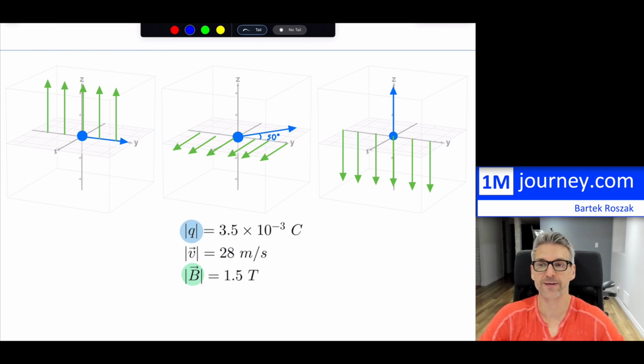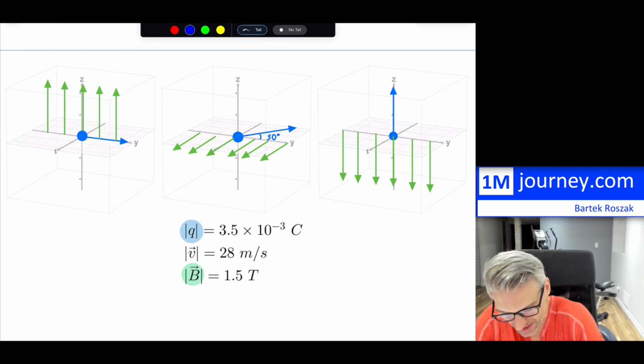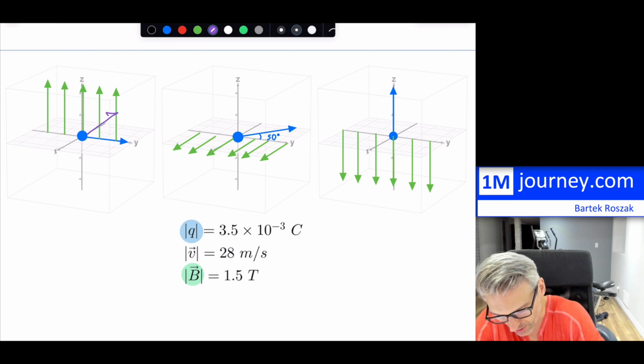So that's what would have been the result. Let's assume for case number 1 that it's positive. So it would have been in this direction as you're going through right there.